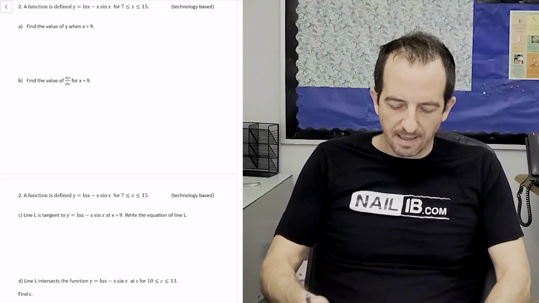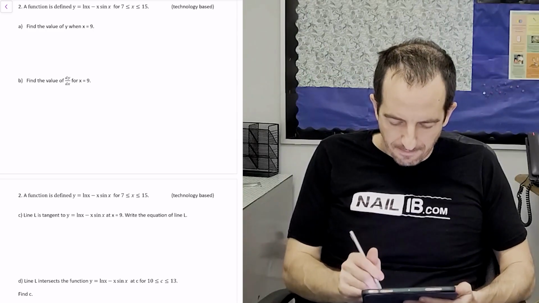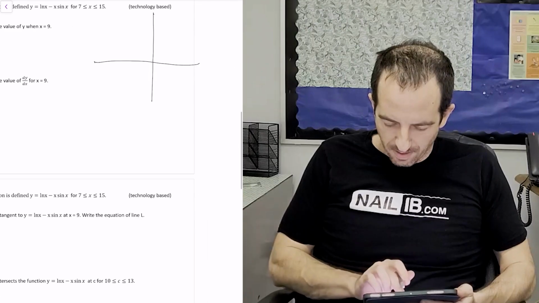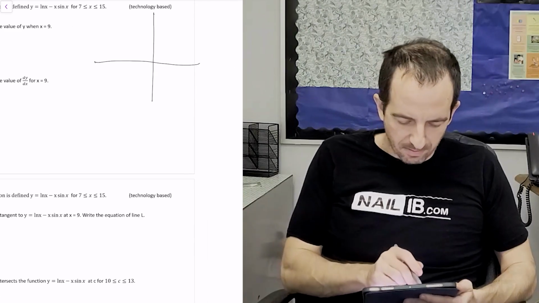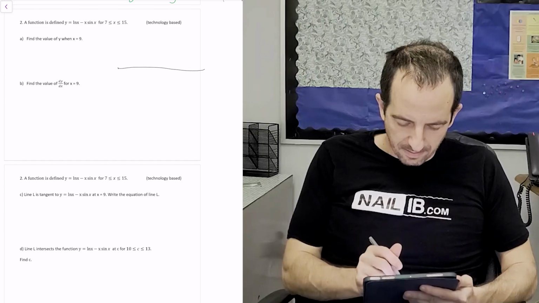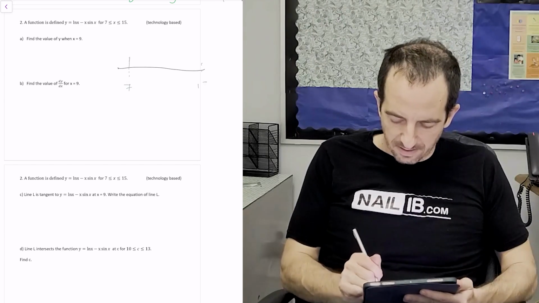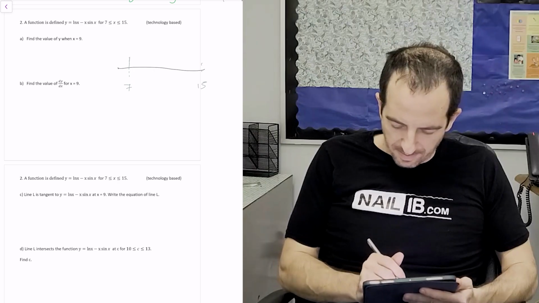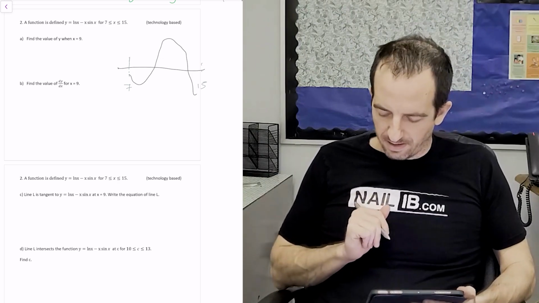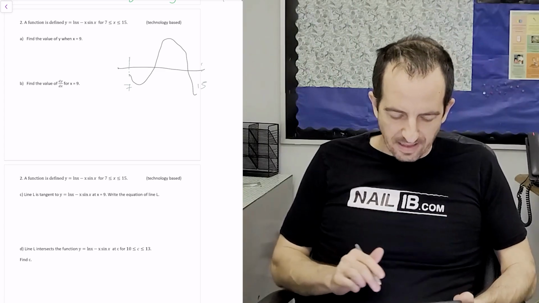And when I do that, I get a graph which goes from 7 up until 15, and it looks something like this on my end. So that's what I'm looking at, and I'm curious about what the value is at 9.